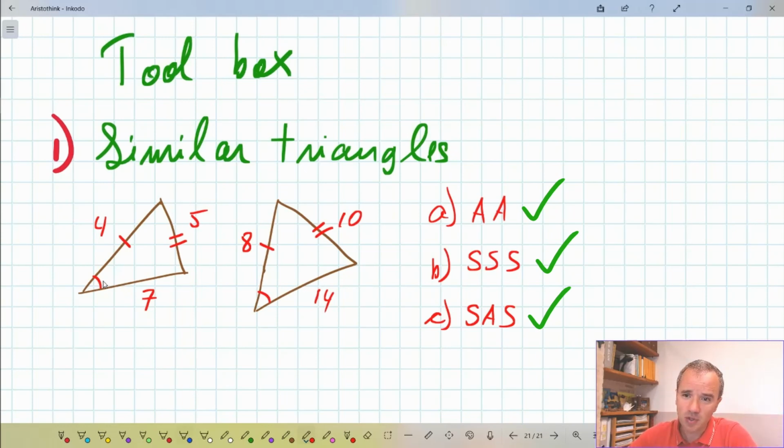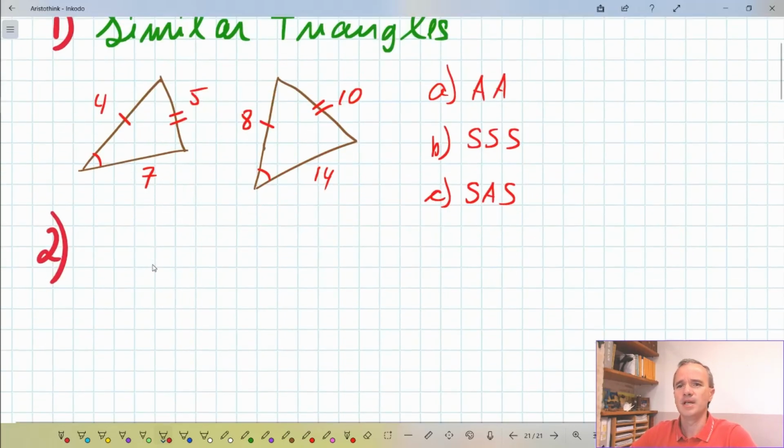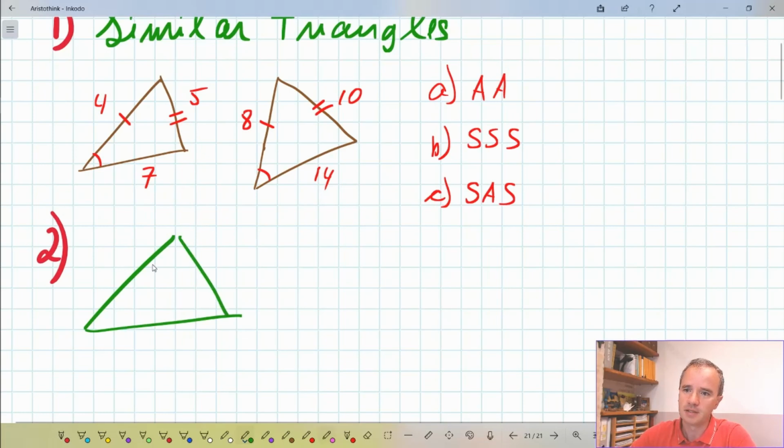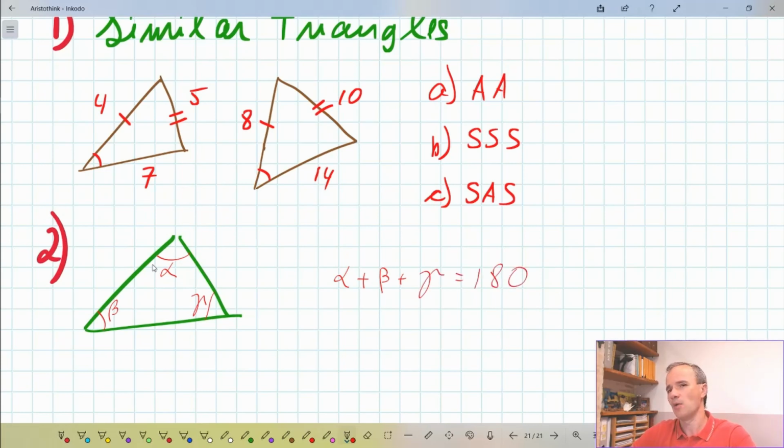Another property we're going to use, this is a very silly property, is this one. If we have a triangle and we have alpha, beta, gamma, we know that the sum is going to be 180. Now, actually, you should know there's a formula for this.